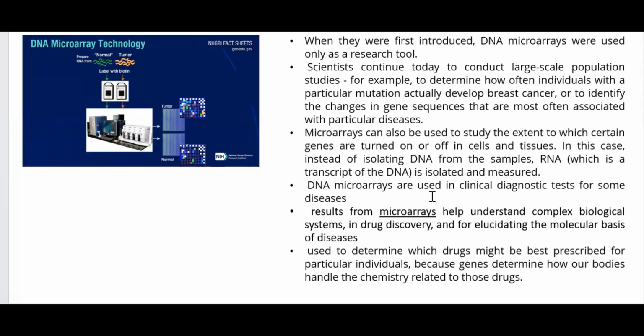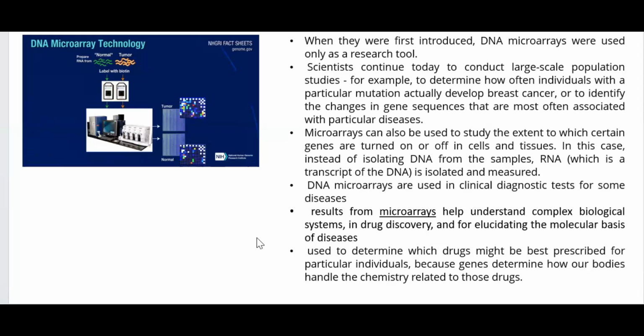That is one thing we talked about. Results from microarrays help to understand complex biological systems in drug discovery, for example, for elucidating the molecular basis of diseases, and the interaction of drug with the target molecule. All these things can be done, because it is interaction between two complementary molecules, right?